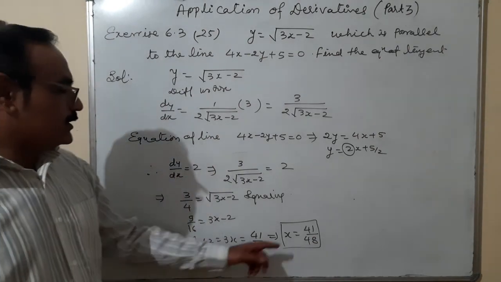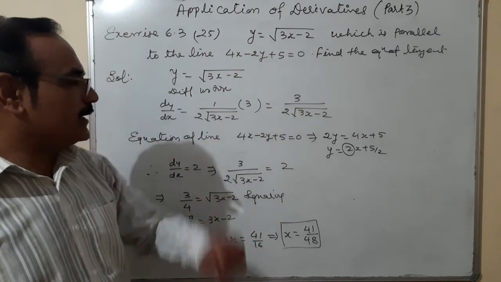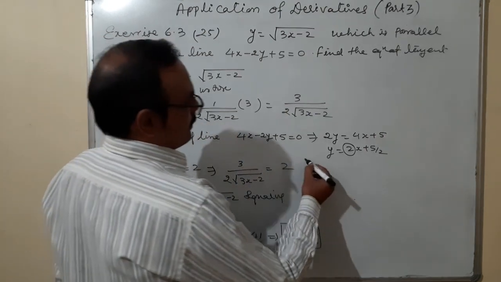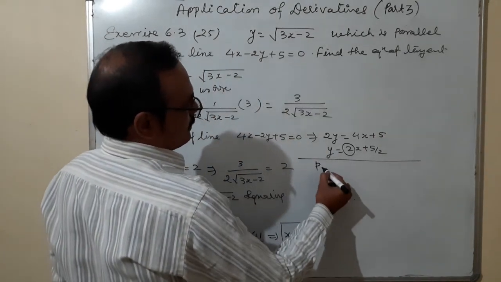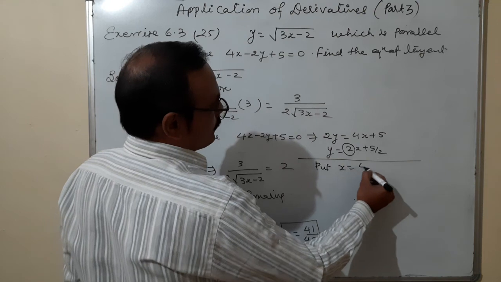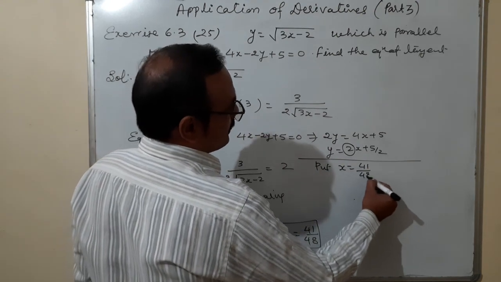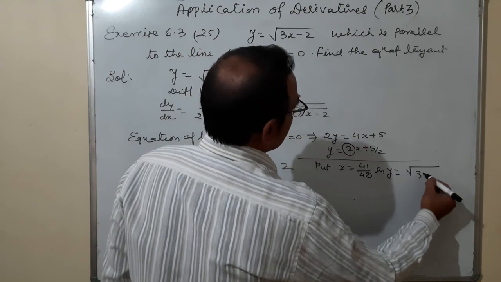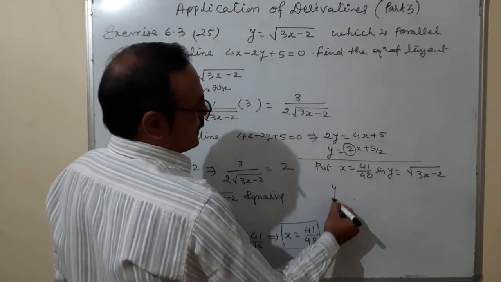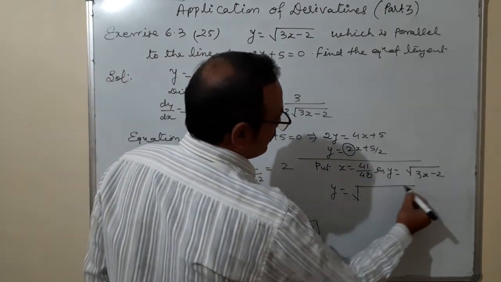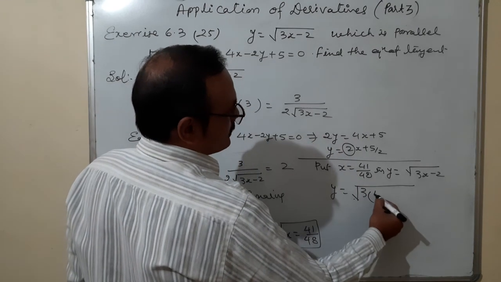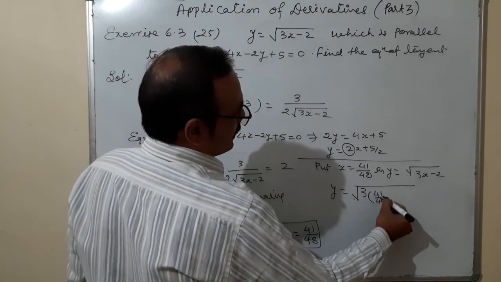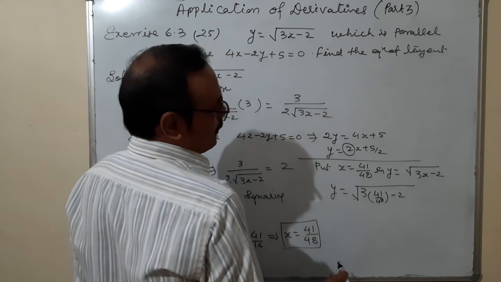This is the value of x. Okay. Now this value of x will be substituted here. After that, put x is equal to 41 upon 48 in y is equal to root 3x minus 2. So y is equal to under root 3 times the value of x, 41 upon 48, minus 2. Okay.